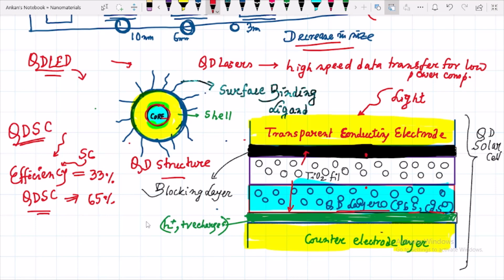But there lies some disadvantage, that is, surface defects are always present in the quantum dots, as I have already told you while discussing the structure of the quantum dot. The surface defects can result in blocking or temporary traps of the electron hole pair. The origin of traps lies in how surface treatment can affect the material, and the key factor is the distribution of a well controlled elemental ratio.